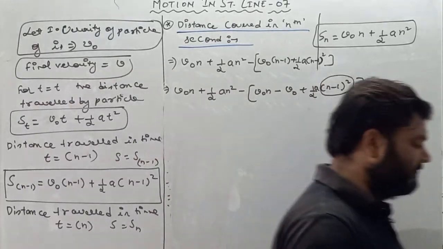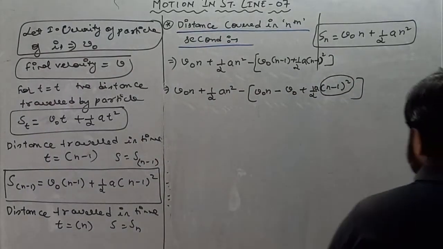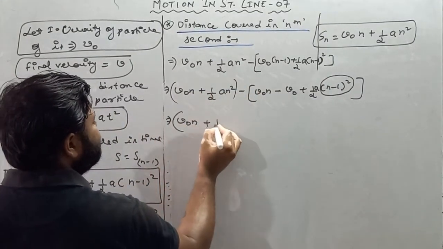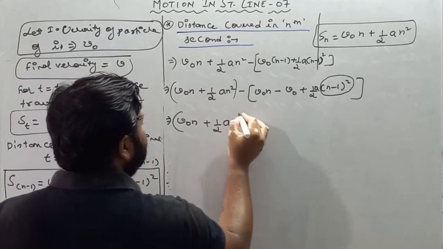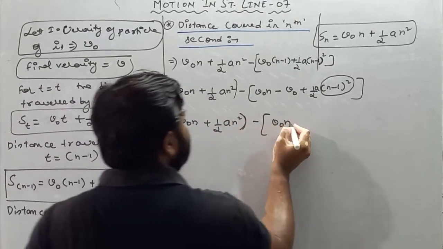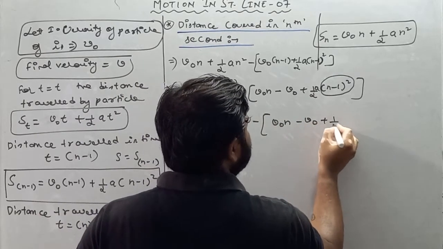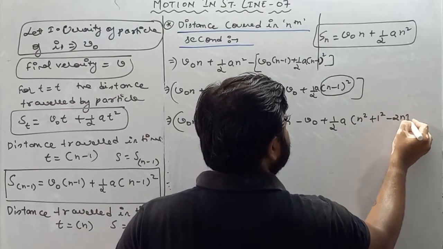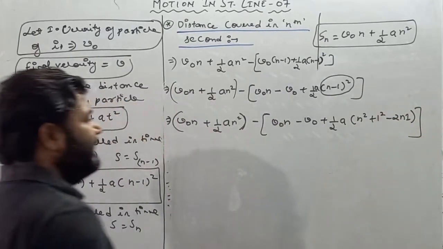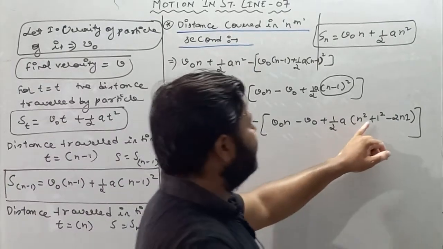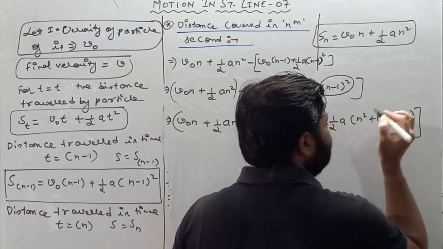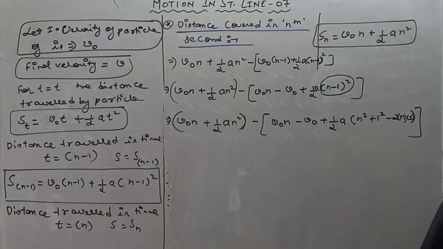We know the formula of a minus b whole square. It is a square plus b square minus 2ab. So a is n and b is 1, so 2n into 1. I hope you all understand how we'll get this formula.